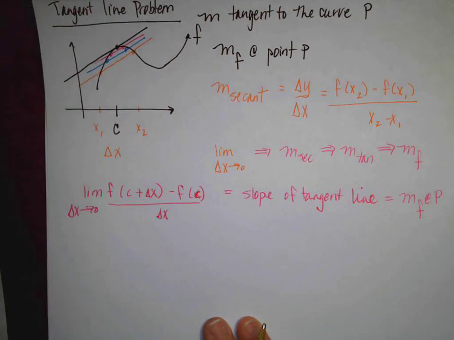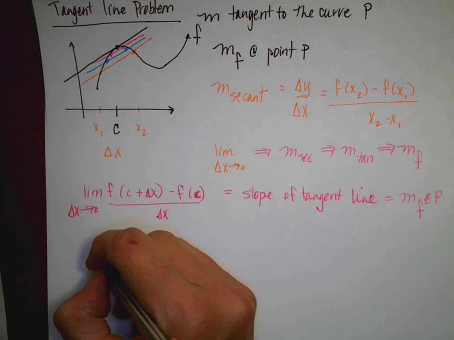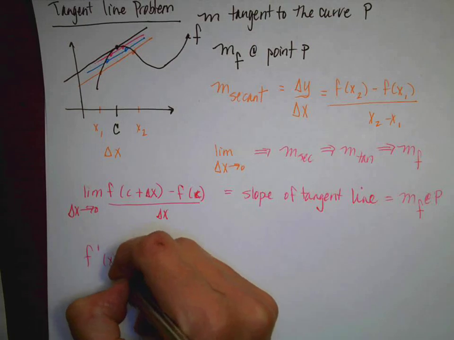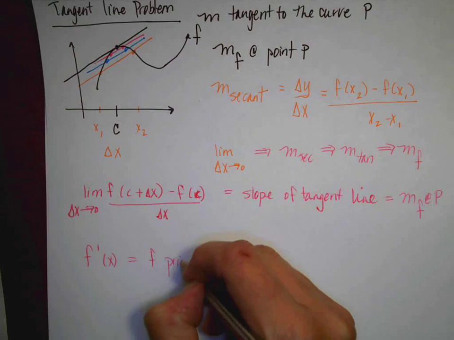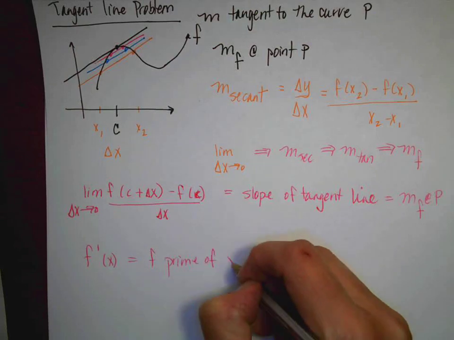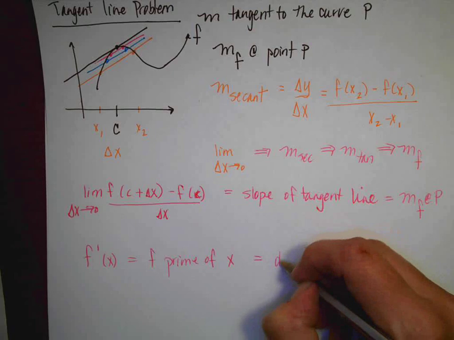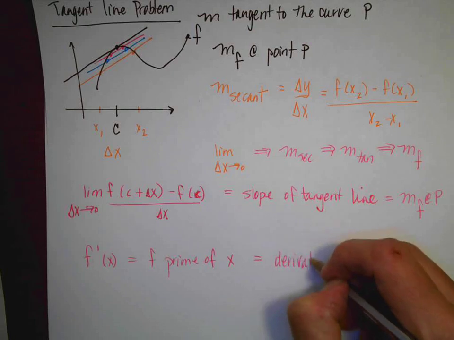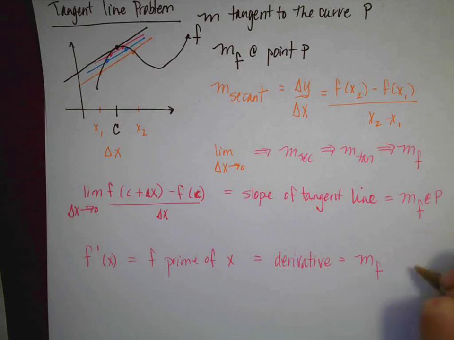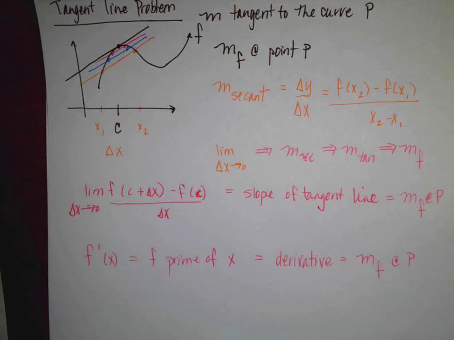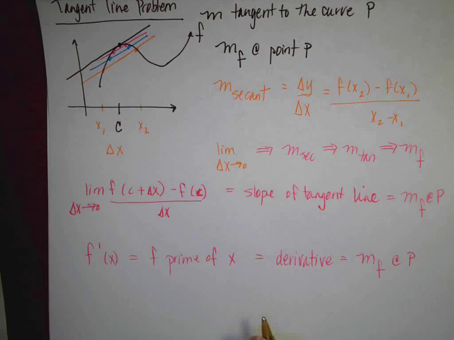So now what I want to show you is some notation. We say that f prime of x is equal to the derivative, which is equal to the slope of the function at a specific point.